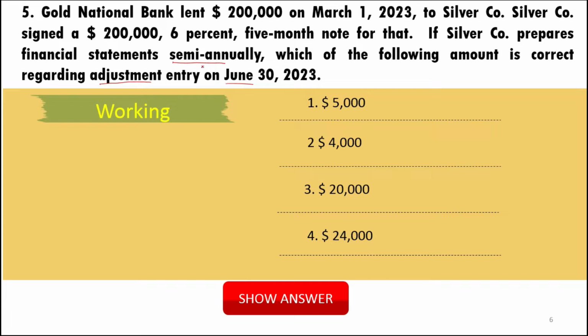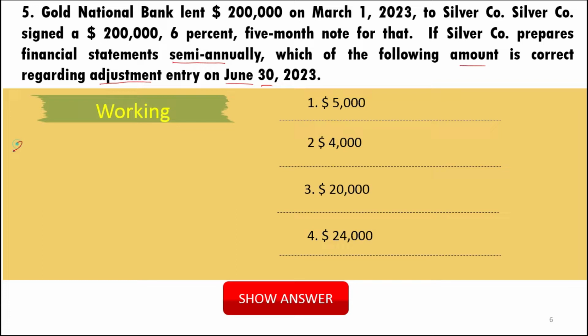Since the financial statements are semi-annual, the half year will end on June 30. The question is about the amount to be recorded as the adjusting entry on June 30. So first of all, we have to calculate the amount.